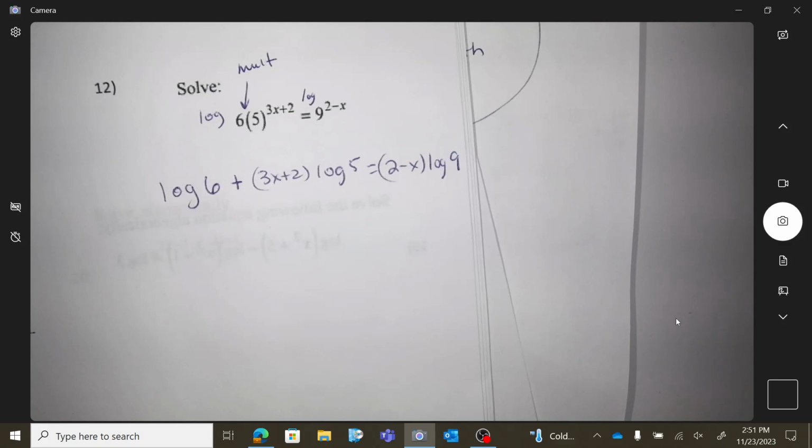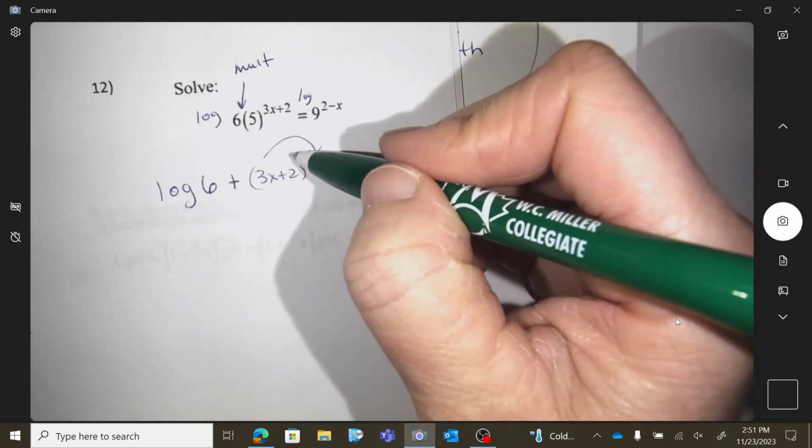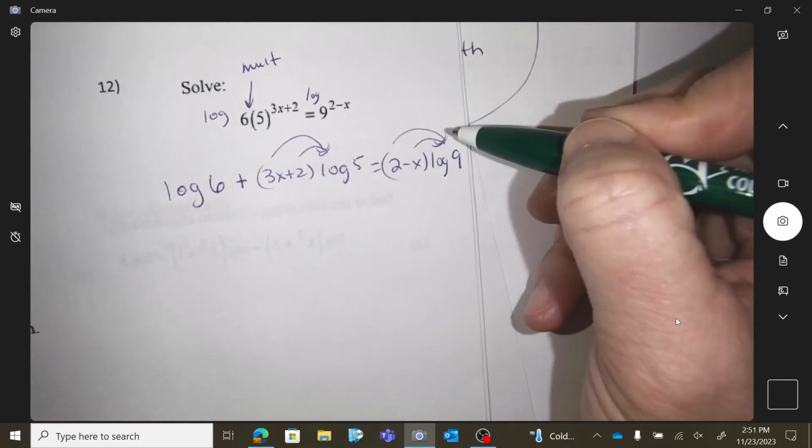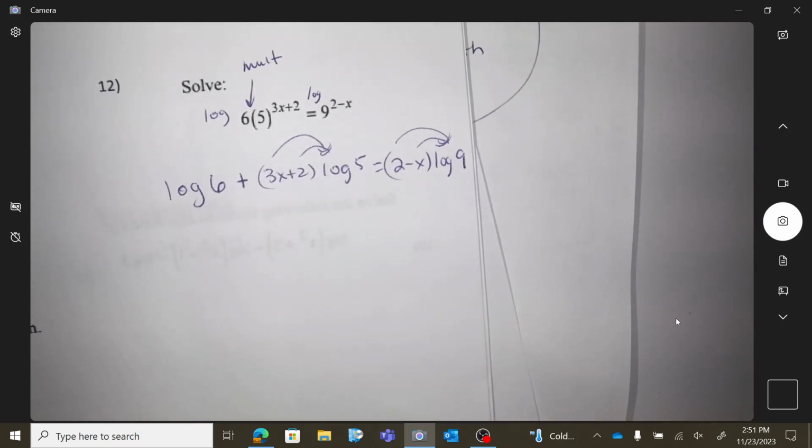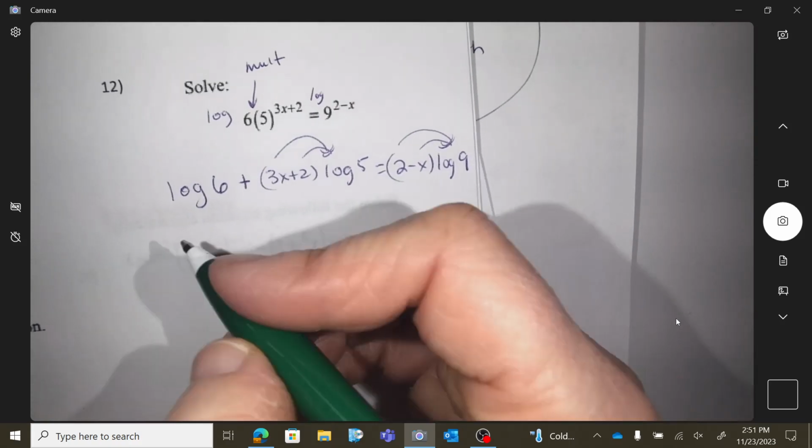Okay, you've mastered the rules. All right, on this one, you're going to need to now distribute all that. Lots of distributing. So this is going to get long. It's going to be a lot of writing on this one.